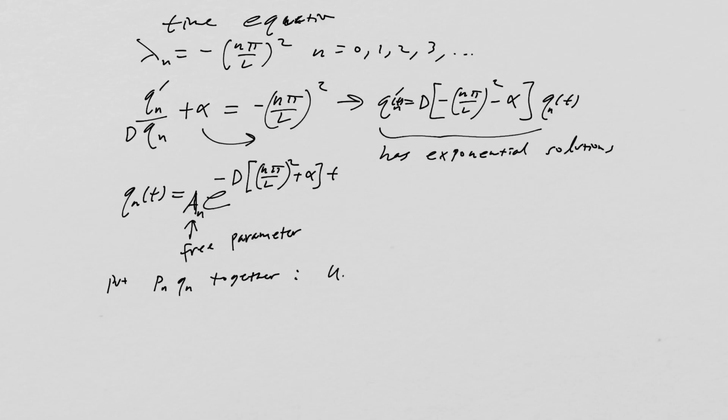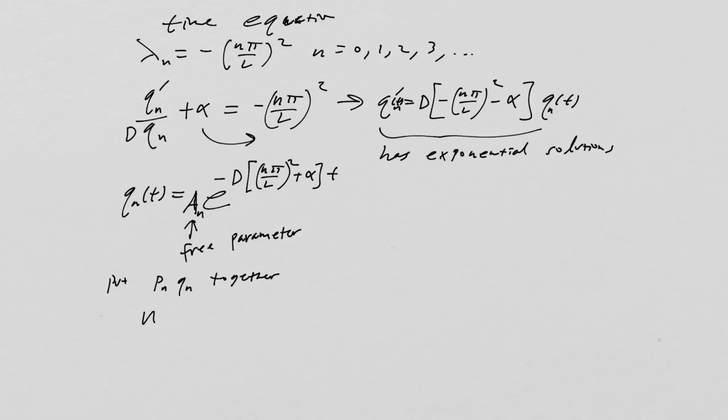and we're going to get Un of x comma t is equal to An. Well, hold on, let me back up here a little bit. We'll just put all of them together like this.